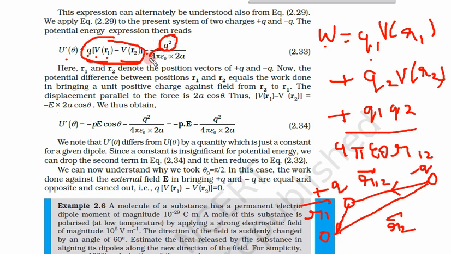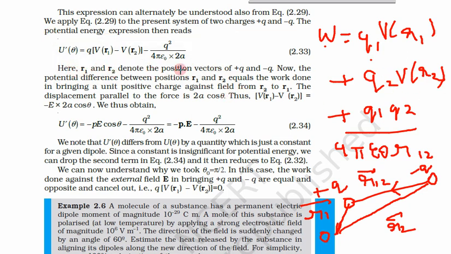This 4 pi epsilon naught is the constant, and since this is a dipole, the distance between them is 2a. So our expression becomes U'(theta) is equal to q times V(r1) minus V(r2), minus q squared upon 4 pi epsilon naught into 2a. So this is our expression.